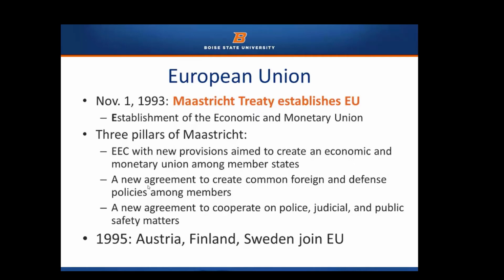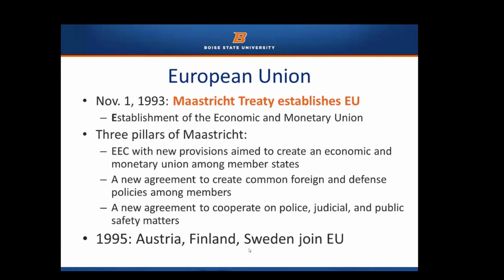So not only free trade amongst our members, labor and capital mobility amongst our members, and common external trade policies with non-members, but also let's coordinate our foreign policy and defense policies, and more broad cooperation on other issues as well.